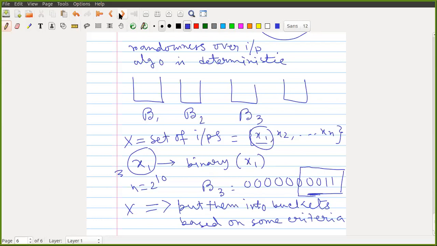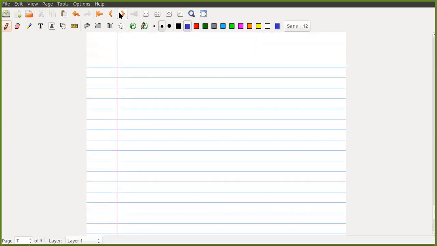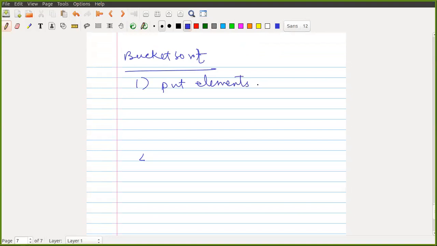Is that okay? So if you write it this way, there are two steps. Step one is to put elements into buckets based on some criteria.